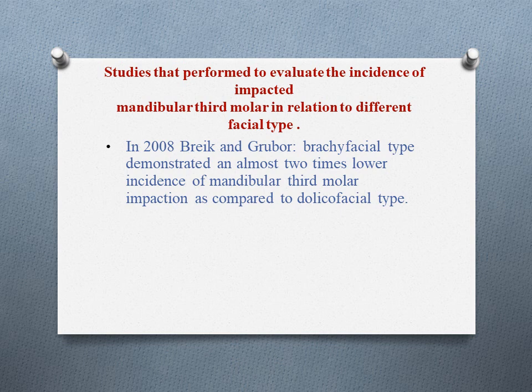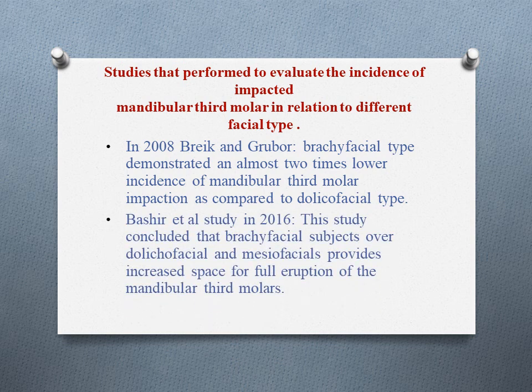In 2008, Breik and Grover found the overall rate of mandibular third molar impaction was 58.7%. Those with the brachyfacial type demonstrated an almost 2 times lower incidence of mandibular third molar impaction as compared to subjects with the dolichofacial type.